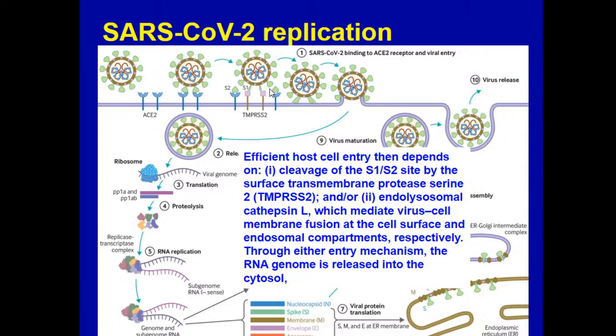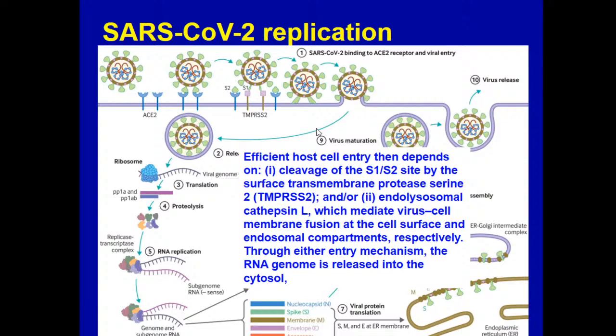And this is done by the so-called transmembrane protein receptor serine protease 2, shortly called TMPRSS2. And second, the fusion may occur or the endosomal cleavage may occur with the help of cathepsin L, which mediates virus cell membrane fusion at the cell surface or in endosomal fusion.